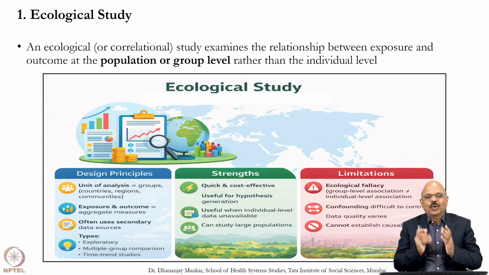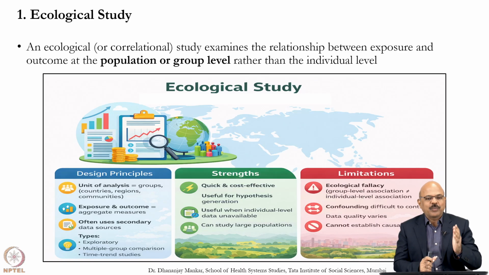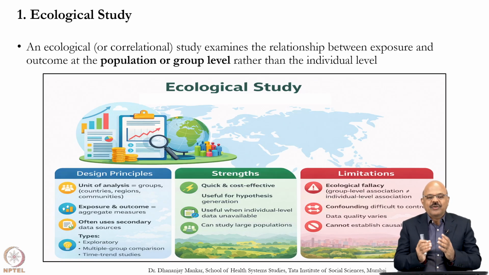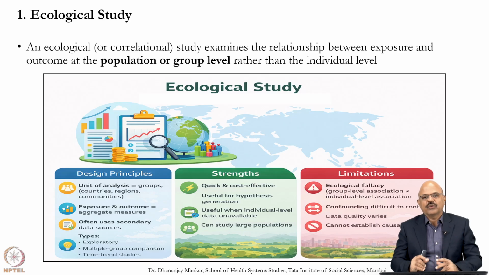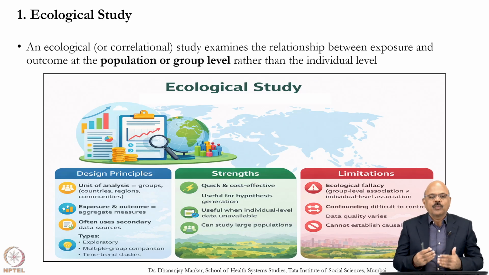Let us talk about ecological studies in more detail, where the unit of analysis plays a very important role, where groups such as countries, religions, races and communities become very important, which has a greater value in terms of the population sense. Exposure and outcomes are aggregate measures, which is a very important reason to conduct these studies.